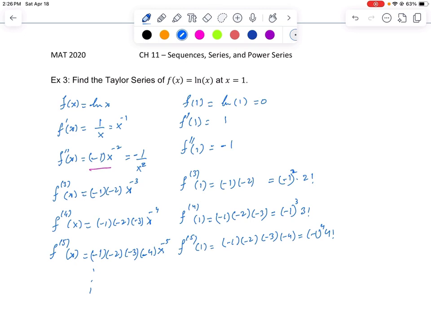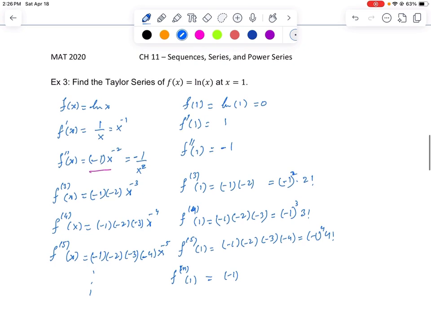So the nth term, f^(n) at 1, will be what? From this pattern, we have negative 1 raised to... Notice here, when we have the fourth derivative, so n is 4, I am getting a 3 factorial.